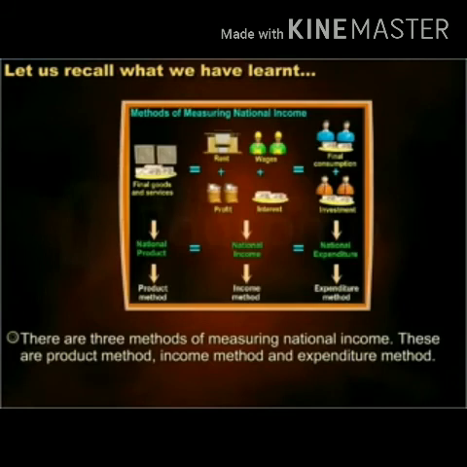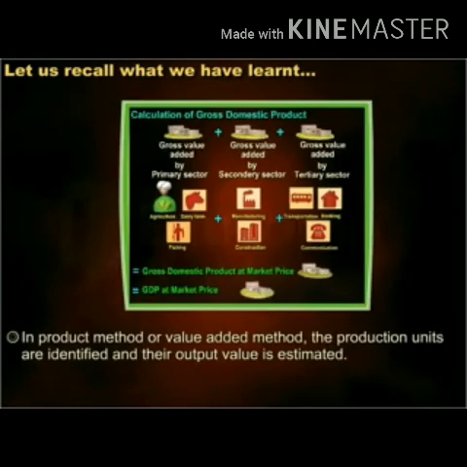So let us recall what we have learned. There are three methods: product method, income method, and expenditure method. First of all we have to classify the productive sectors. In the product method we learned the value added method.